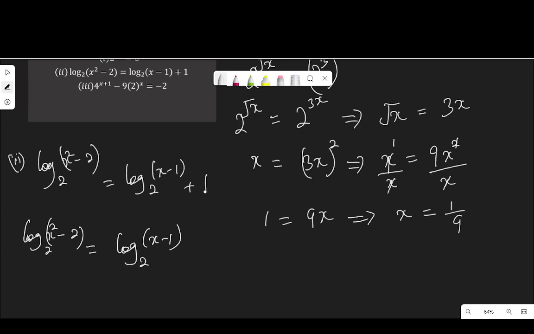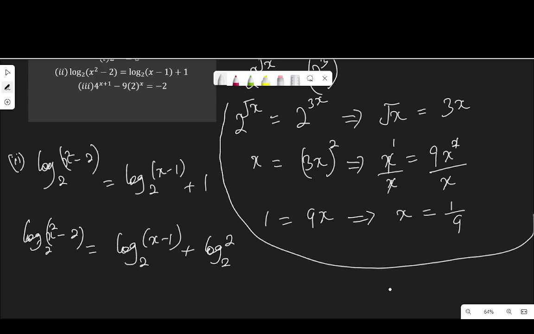Okay, so here we have log x squared minus 2 to base 2 equal to log x minus 1 to base 2. This 1 here is the same thing as log 2 to base 2, since all the logarithms here are to base 2. And we know that the logarithm of a number to its base is 1. The law says that log a to base a is 1.